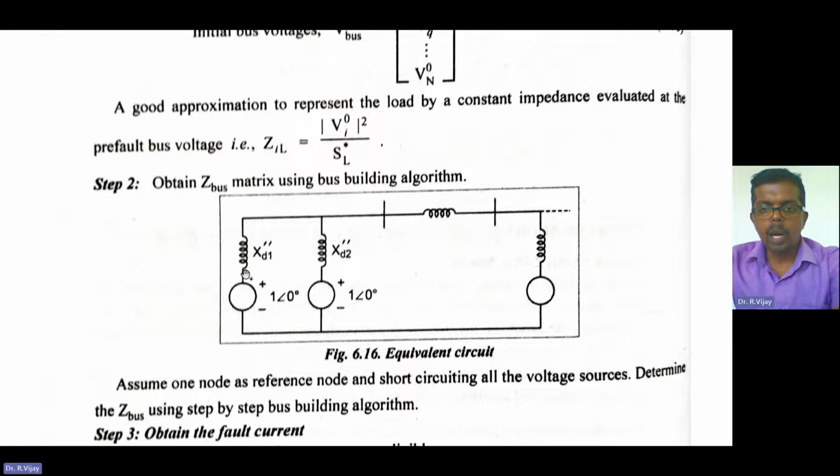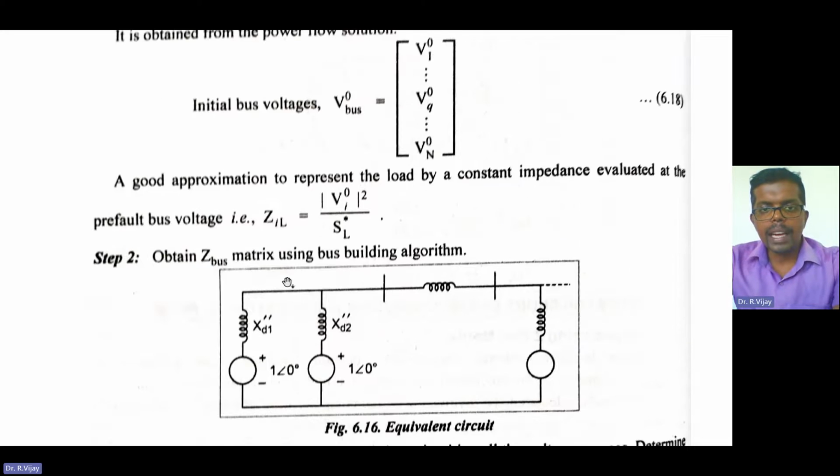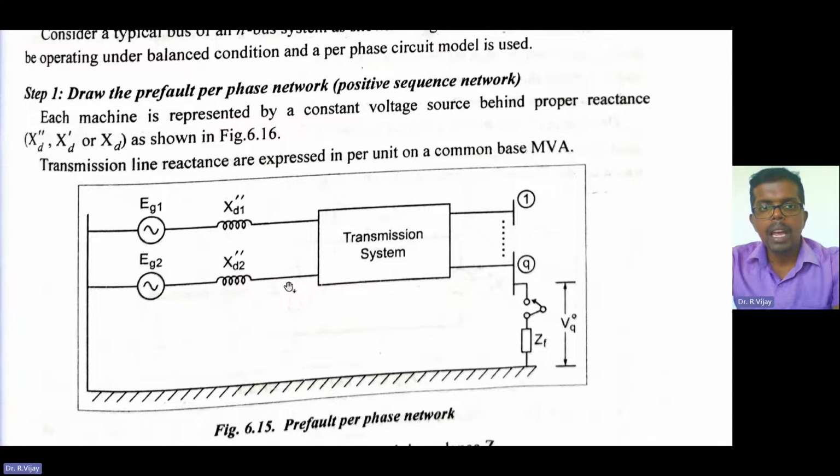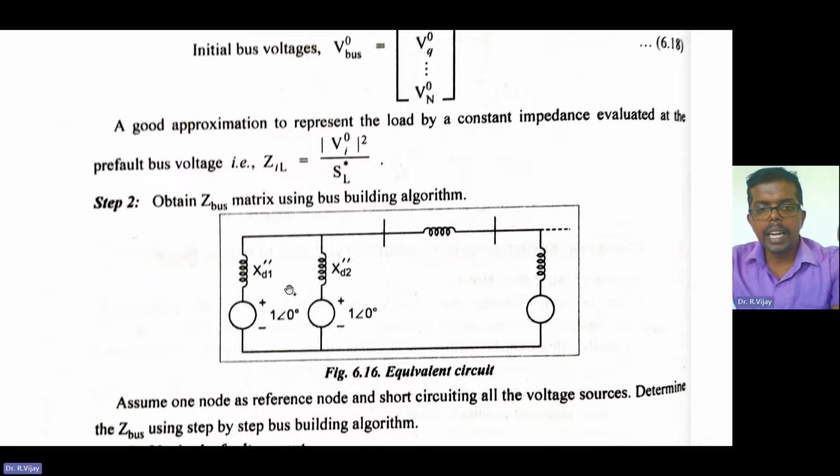What we are doing is converting this bus system diagram into the equivalent reactance diagram. Generator 1 has the flat start voltage of 1 at the angle of 0. Why are we going for flat start voltages? It is in per unit.